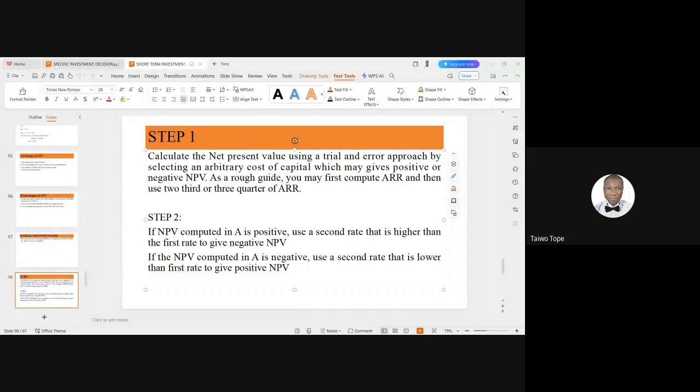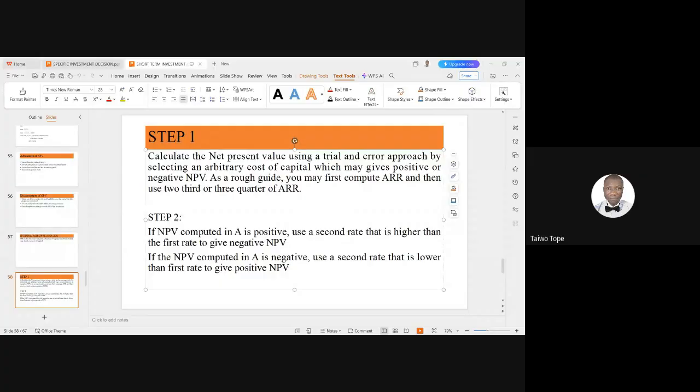So for independent projects, the decision rule will be that what? You accept a project if the internal rate of return is greater than or equal to the company's cost of capital. Because in the question, you have a cost of capital in existence.